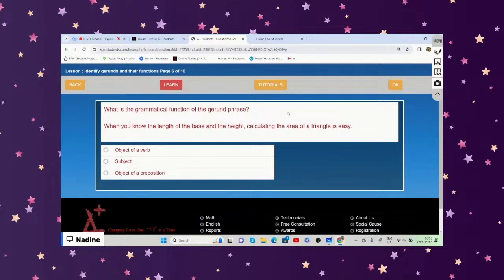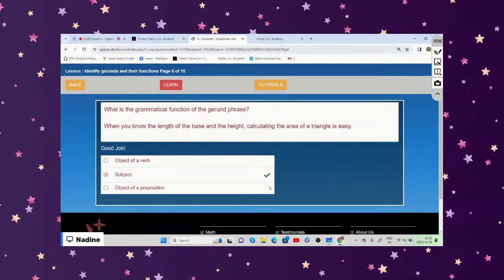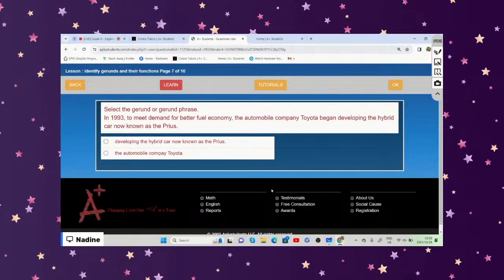So when you know the length of a base and the height, calculating the area of a triangle is easy. So calculating is our gerund, which acts, let's see, as a subject. So well done, that is correct. It acts as the subject.